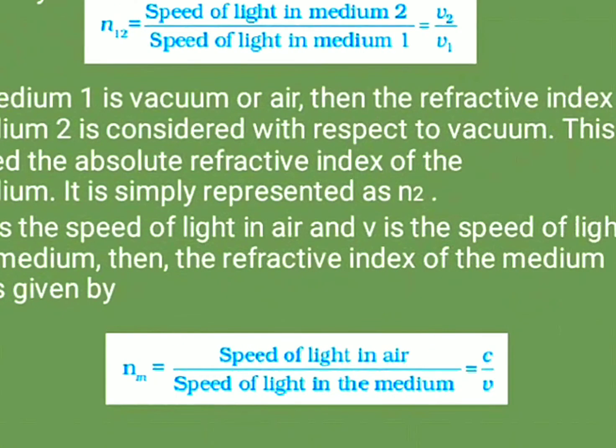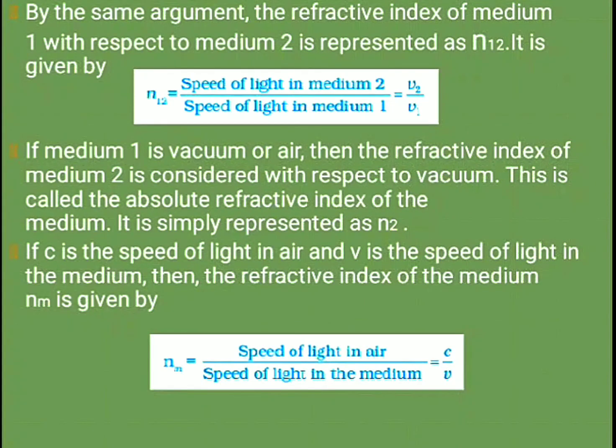If c is denoted as speed of light in air and v is denoted as speed of light in any medium, then the formula of refractive index can be given by nm is equal to c upon v, that is speed of light in air upon speed of light in the medium.